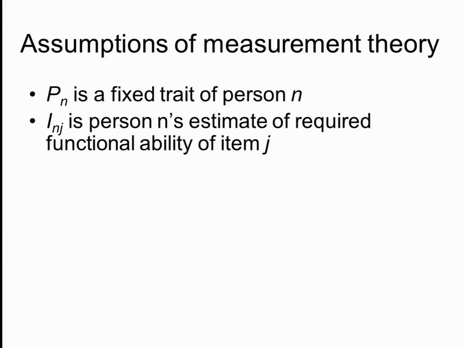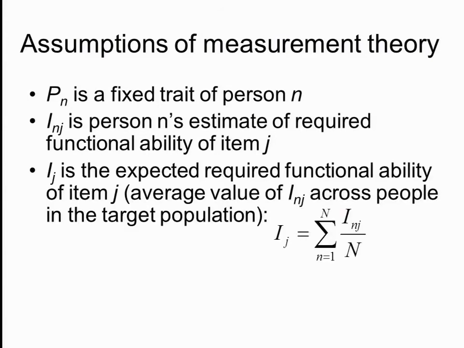So I, the item measure, is really going to be indexed to the person in addition to being indexed to the item. The fixed variable Ij can be interpreted as the average I across the population that you're interested in studying. In my case, it would be the population of visually impaired patients. In your case, it would be a different population.